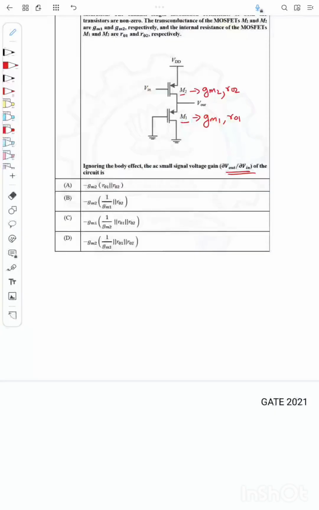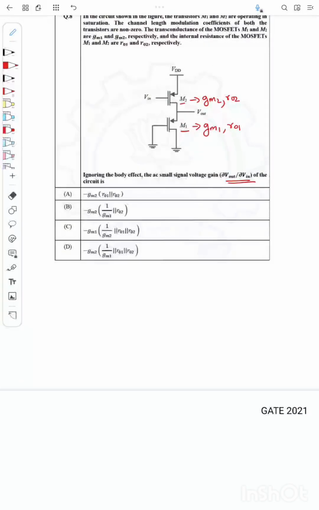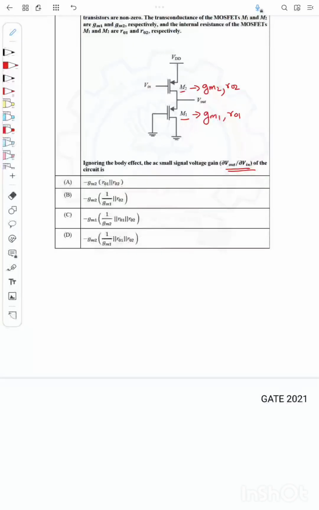First we will replace M1 and M2 with their pi equivalents. We will first draw the pi equivalent of M2.